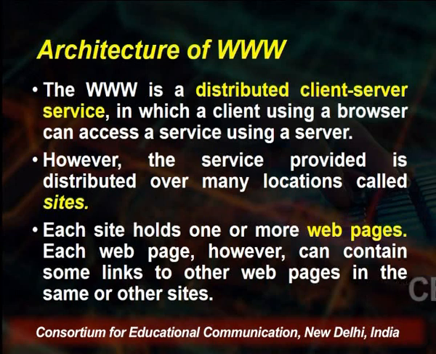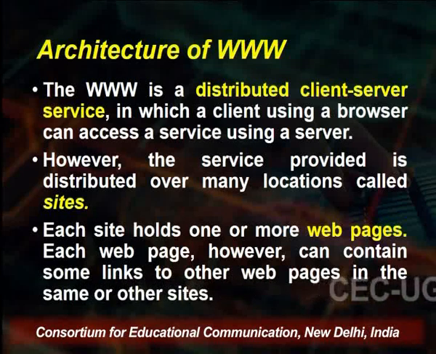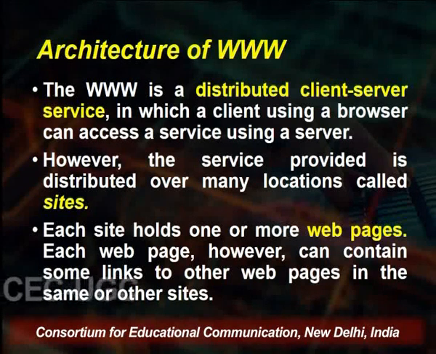Okay, now if you look at the architecture of the World Wide Web, or how it is created, or how it is organized, basically this is a distributed client server service. And why do we say client server? Because the client will access the services of a server using an application called the browser. The service provided is distributed over many locations, and these locations are known as sites, right?